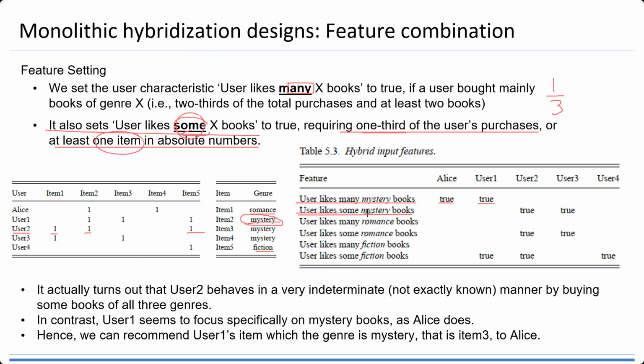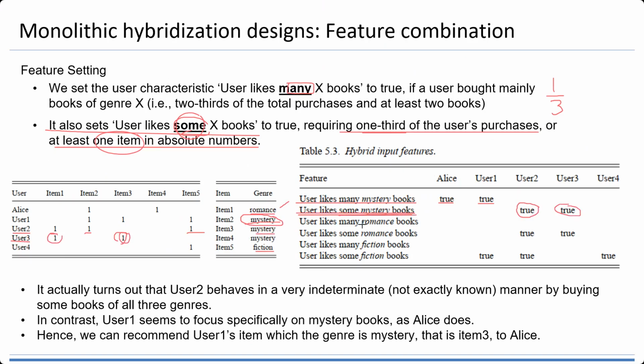So the user likes some of the mystery books. So user 2 is true. What about user 3? Item 1 is romance. Item 3, which is mystery. Okay. Then at least one item, because there is one item which is mystery. So user 3 is also true for some mystery books.